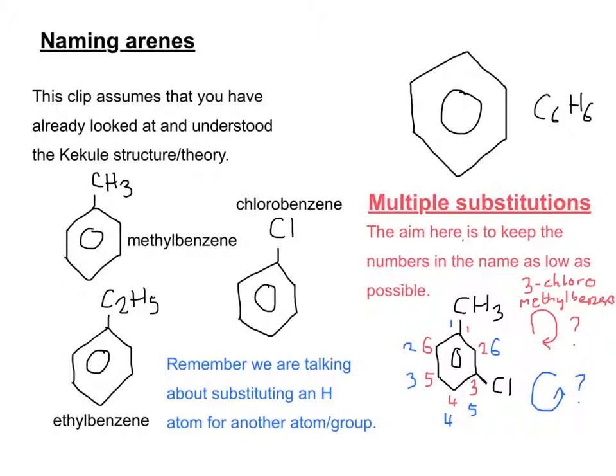If we read it anti-clockwise, it would now become 5-chloro-methylbenzene. So in actual fact, this one is correct because it has the lower number, and this one is incorrect because it's got the higher number.